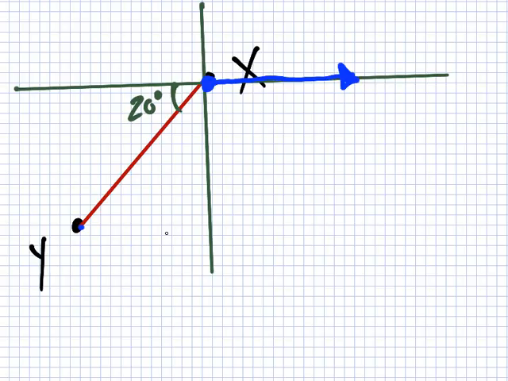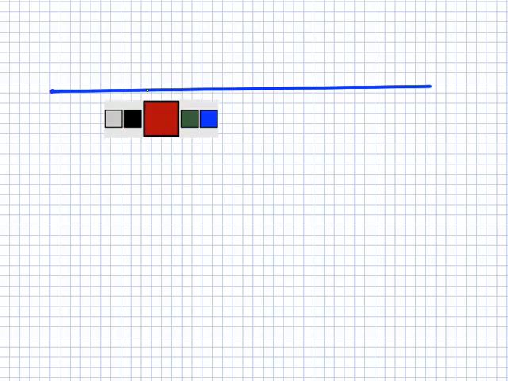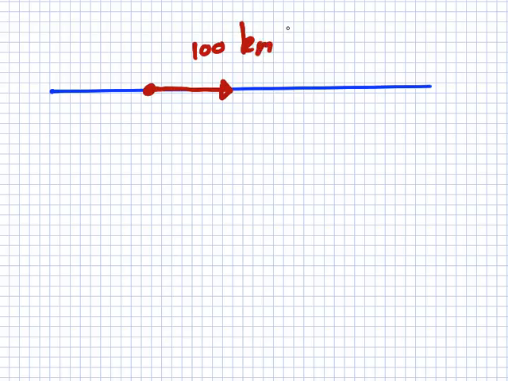Maybe I'll make it a little bit easier for you by giving you more numbers, and I'll change the angles a little bit too. It is solvable, but I'll make it easier. So the plane leaves here, and I'll give you a speed, 100 kilometers per hour, and I'll put it to the right.